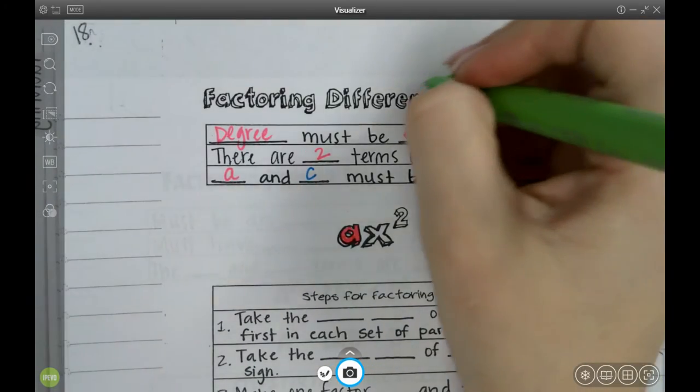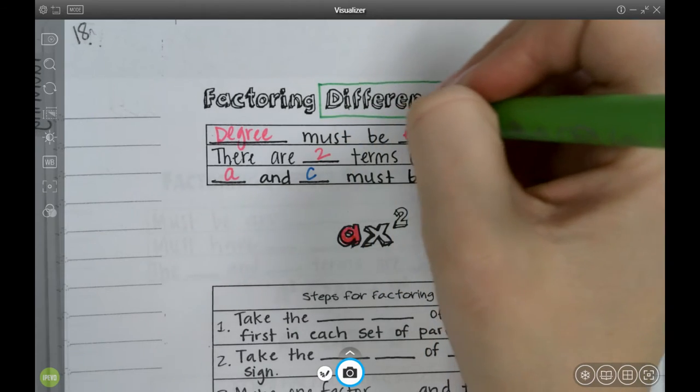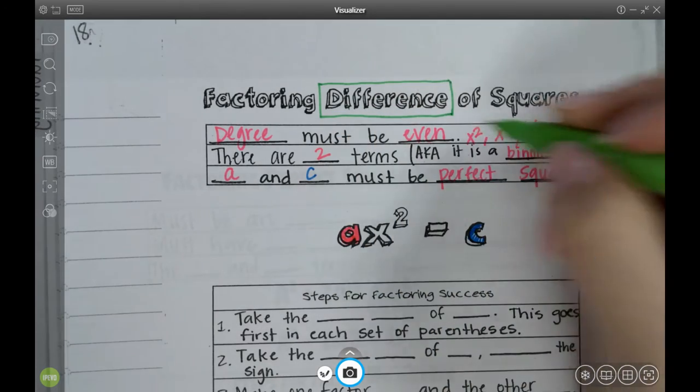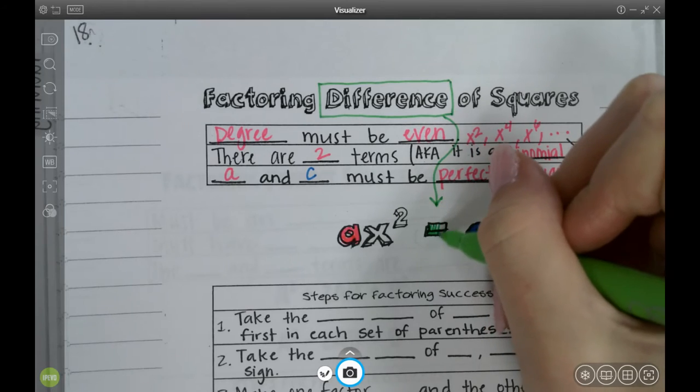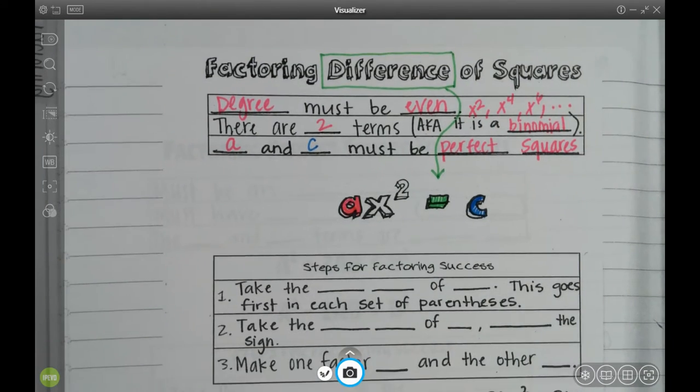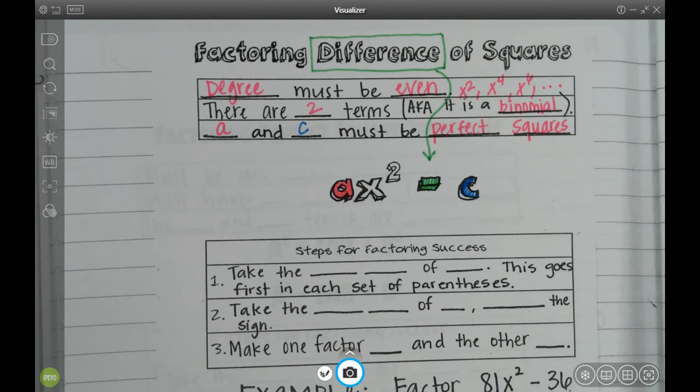What does this word right here mean in math? Subtraction. This symbol right here has to be a minus sign. If it is not a minus sign, then it's not the difference of 2 squares. It's the sum of 2 squares. And then you cannot use this method.